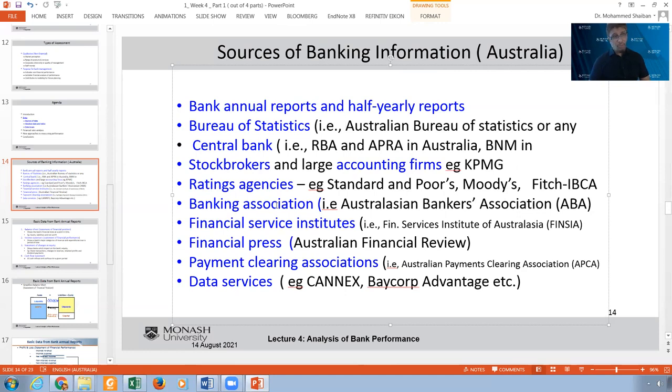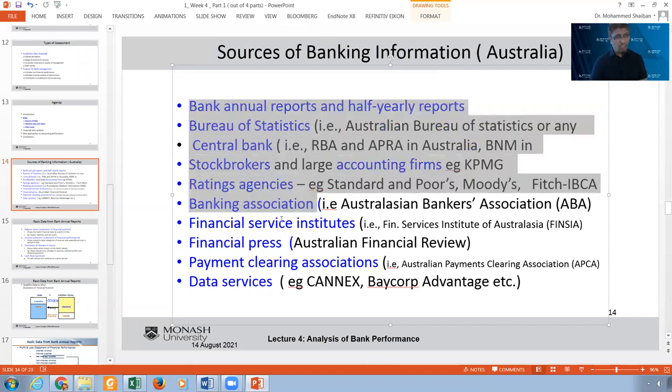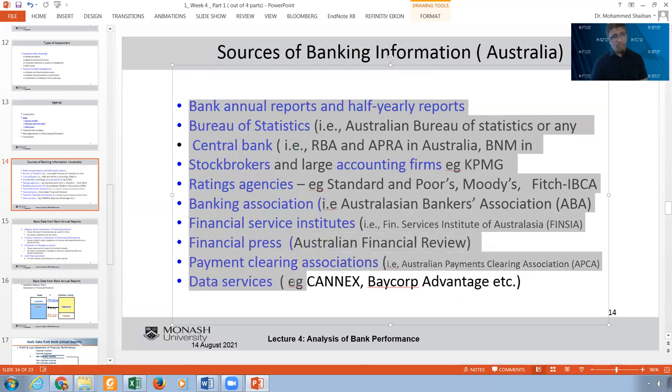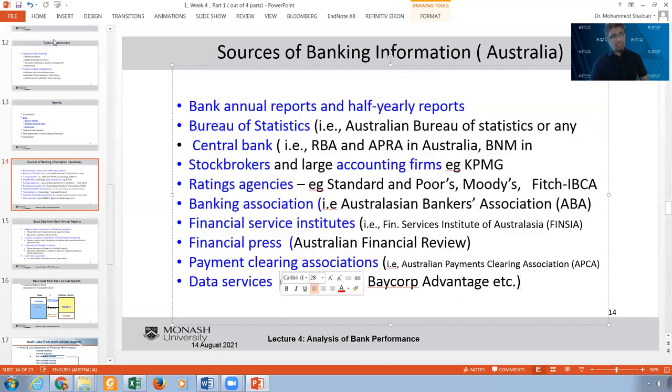Financial service institutes, and the financial press is one of the most important things because the financial press always provides information. Payments clearing associations also provide information about banks, and also data services. So you can get your information from all those sources. Some of them you can buy, like the data services.